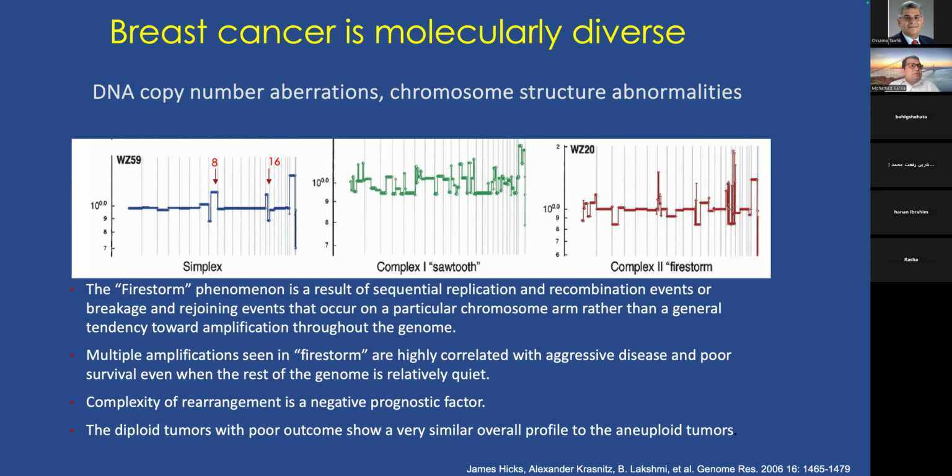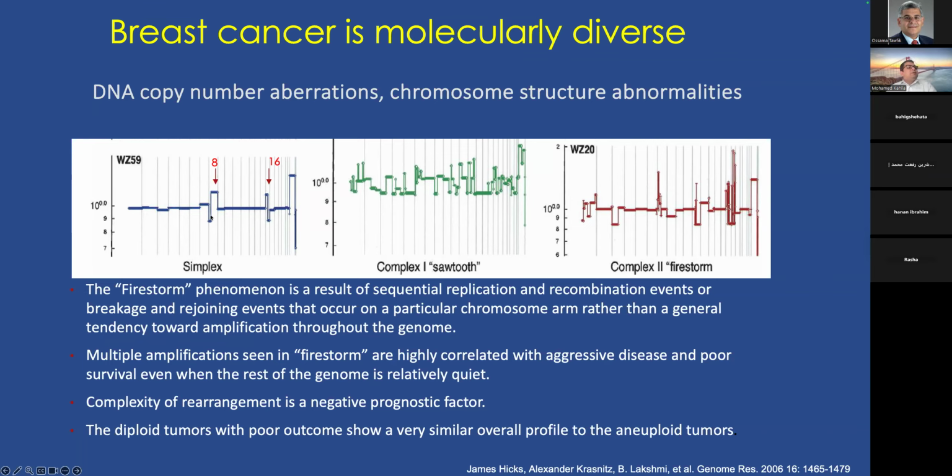This is research which used chromosomal microarray comparative genomic hybridization and looked at these gains and losses in the different breast carcinomas in a cohort of 243 breast tumors. It's a study from Sweden and Norway. Each column represents a chromosome, and the zero here is neutral, with no gains or losses.